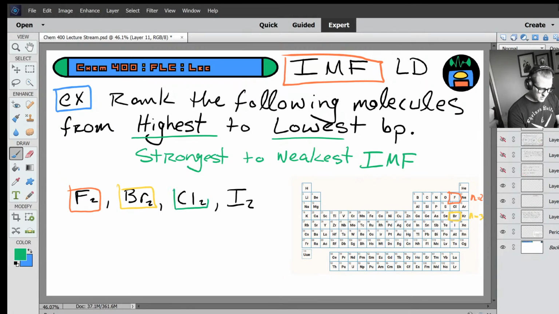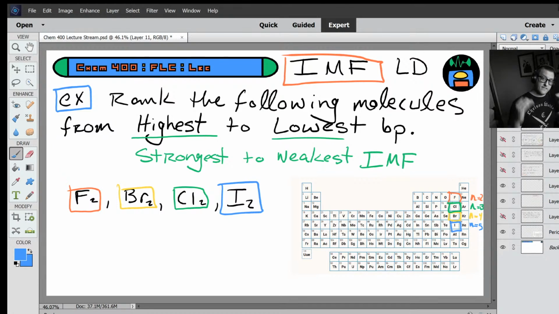Chlorine is right here. Its orbital energies are on 3, sorry, so bromine is 4. My bad. And then iodine is N equals 5. Because iodine is in the 5th period, its orbitals are the largest.